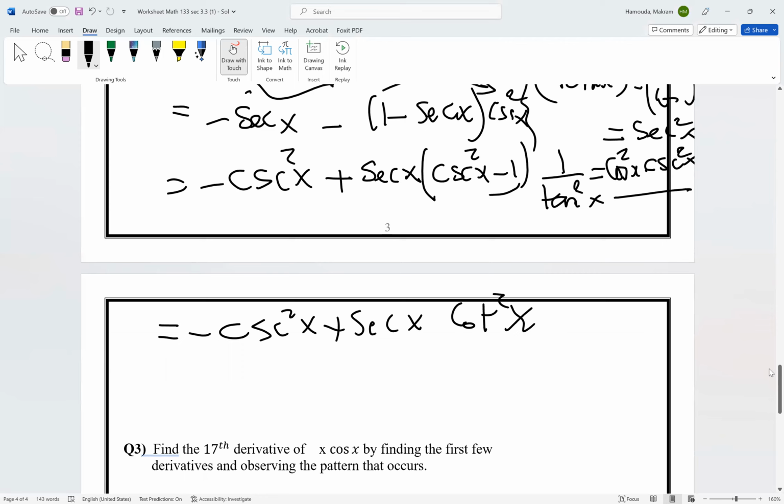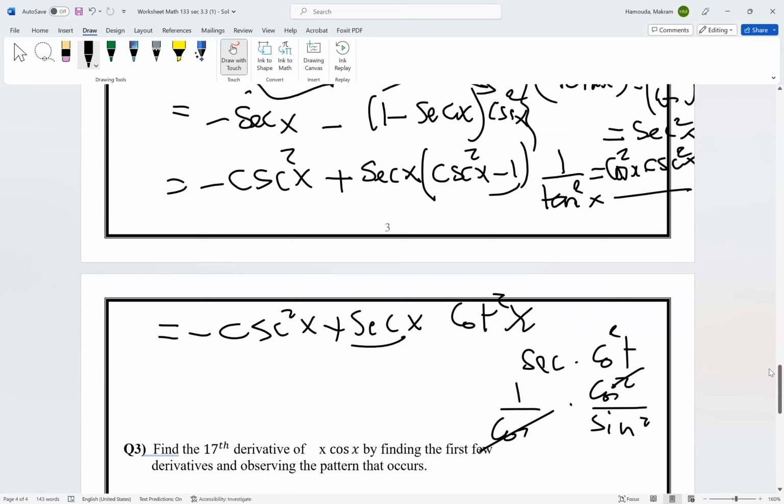But secant multiplied by cotan squared, if you replace it, that's 1 over cosine times cotan squared, times cosine squared over sine squared. So the square with this cosine will disappear, and I will have cosine times cosecant squared.